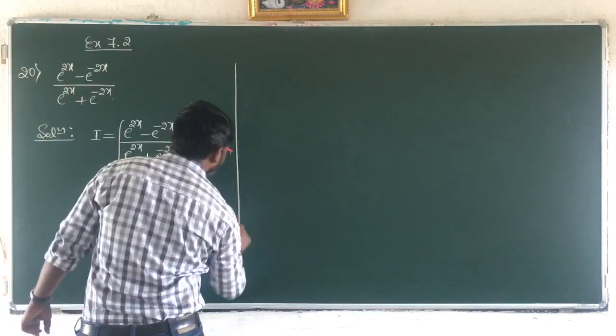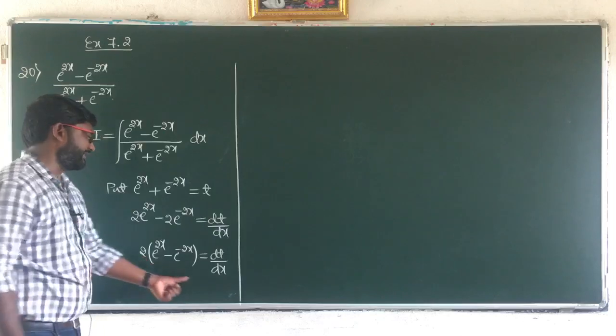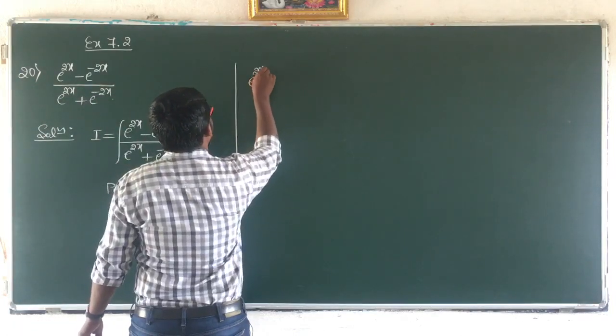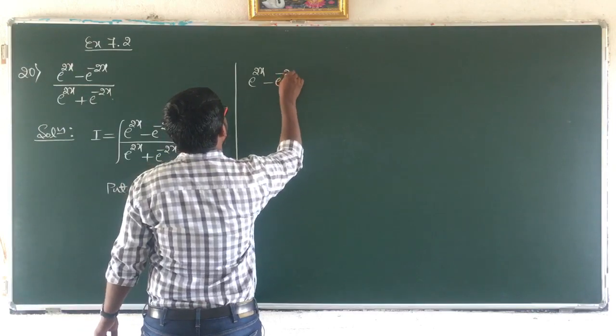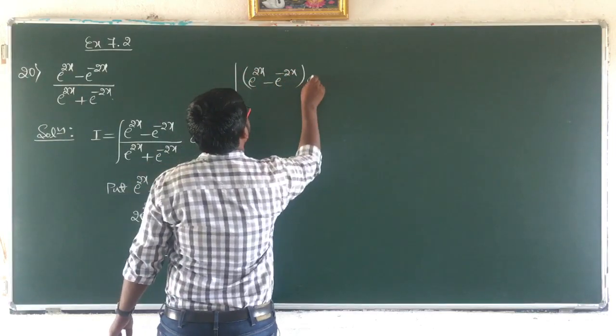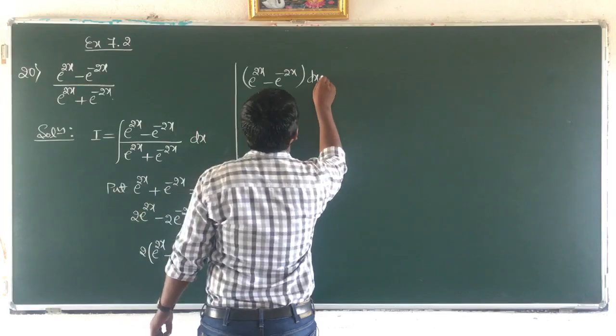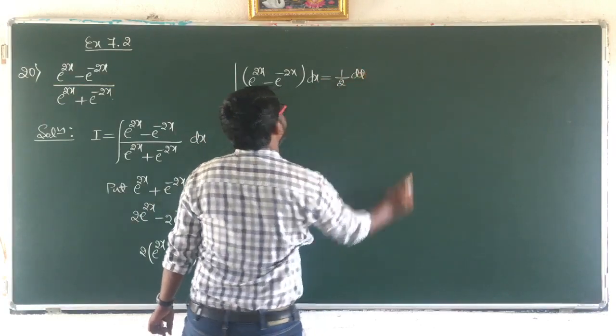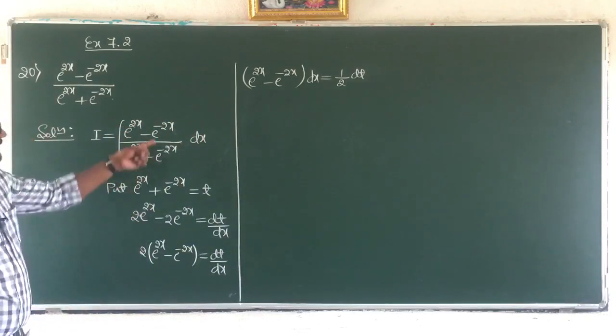So now take 2 to the RHS and dx to the LHS. It becomes e power 2x minus e power minus 2x dx, which is equals to 1 by 2 dt. So rewrite the integral now.